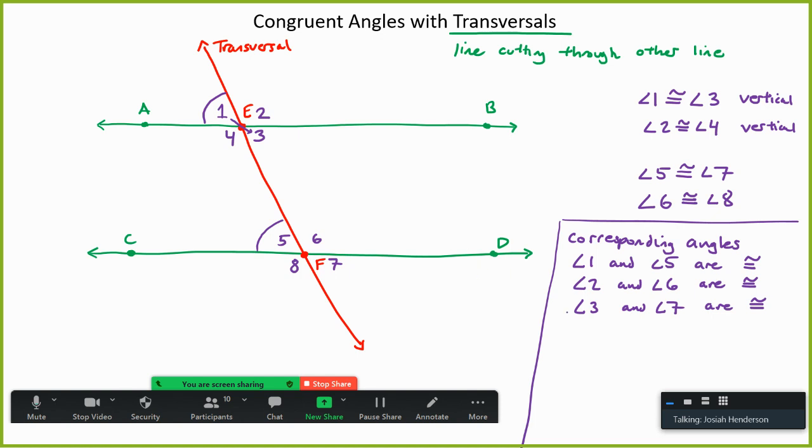And angle 4 and angle 8 are in the same position. So they're also congruent. They're corresponding and they're congruent. There's actually a proof we can do to prove this, but for today I was just going to give it to you as a definition.